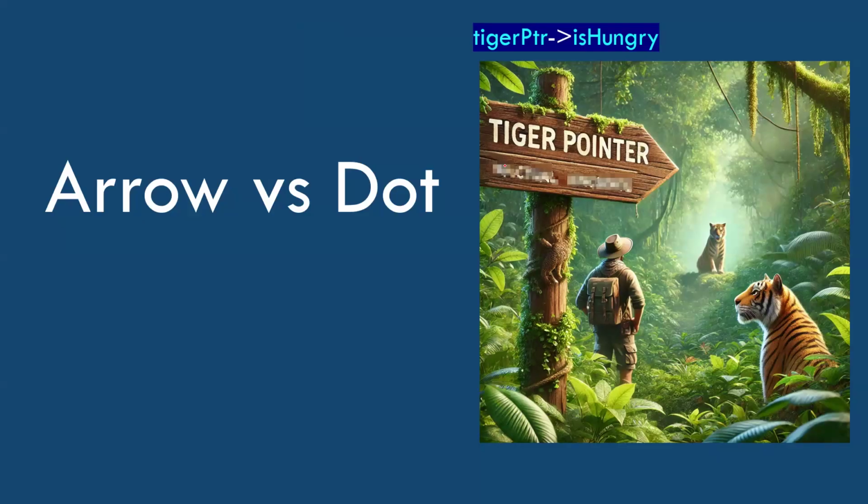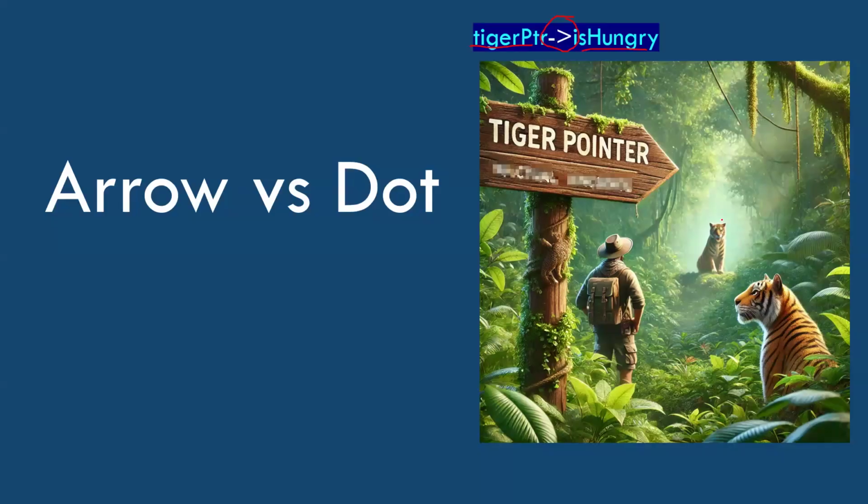If this is our tiger pointer here, it is just an address. It's like, hey, there's a tiger instance over there. That's what a pointer is, just an address, so we need to follow that address to get to the instance. In that situation we use the arrow: tiger pointer arrow is hungry.